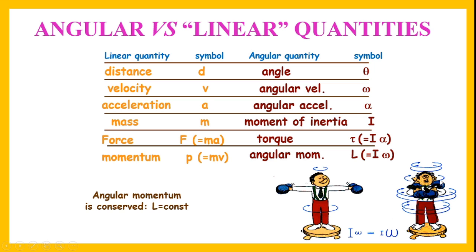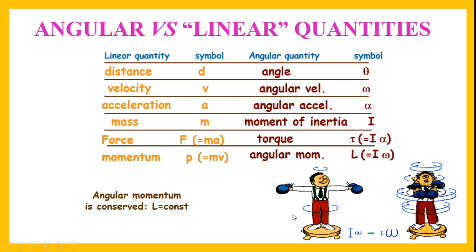In both cases the angular momentum is equal. Let us say the angular momentum in the first case is L1 and in the second case is L2. Then L1 is equal to L2, that means I omega equals i into omega.